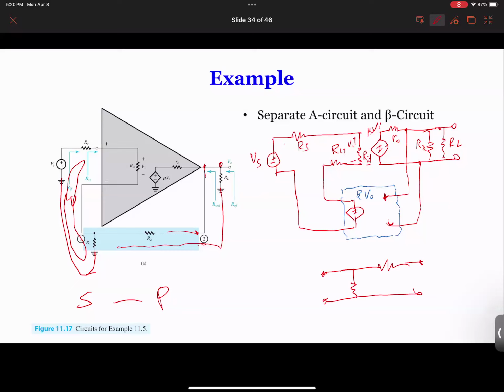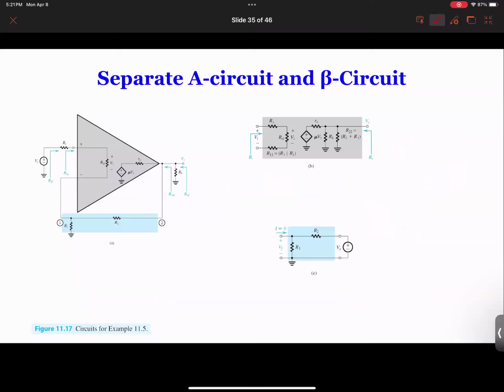And then we have R1 and R2. So at this point, we can go get R11, R22, and beta. I have this A circuit and also the feedback circuit.